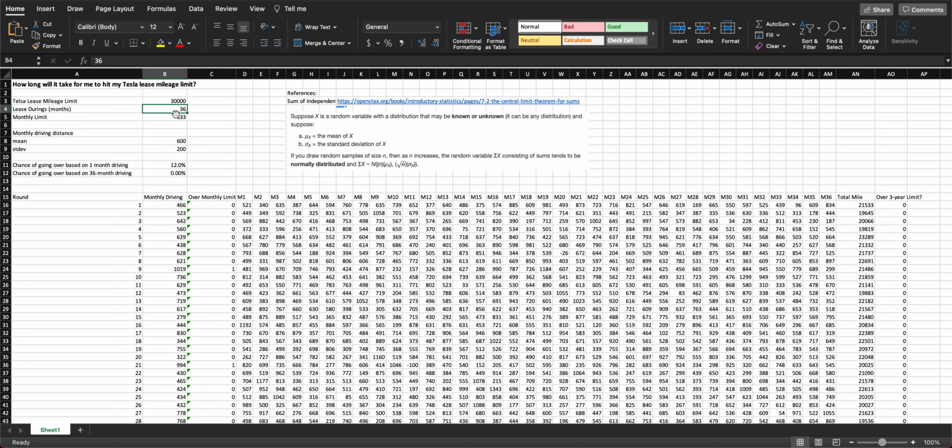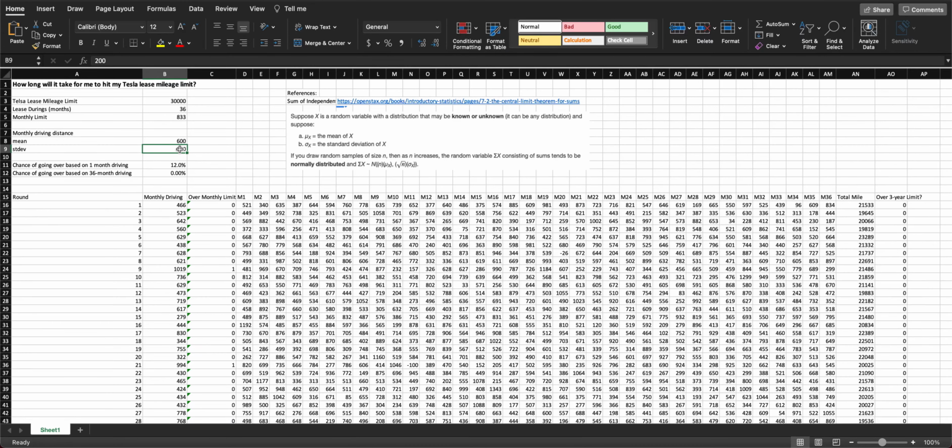If you divide by the lease period of 36 months, you get 833 miles per month. Now you look at your own driving behavior. For example, you say, I drive 20 miles a day, and there are 30 days in a month, so on average I probably drive 600 miles a month.